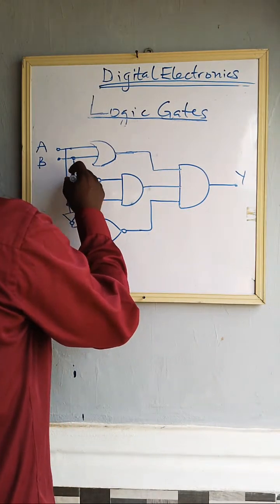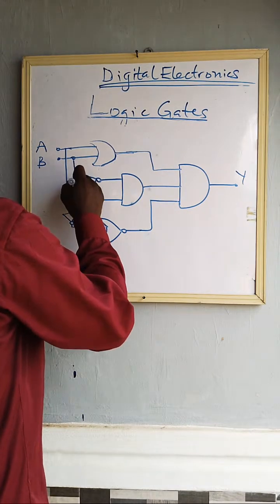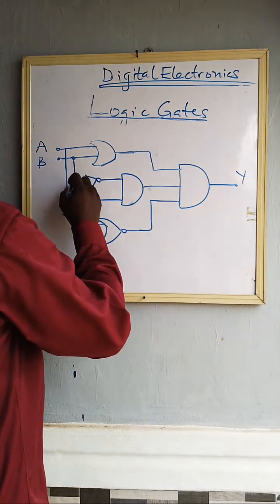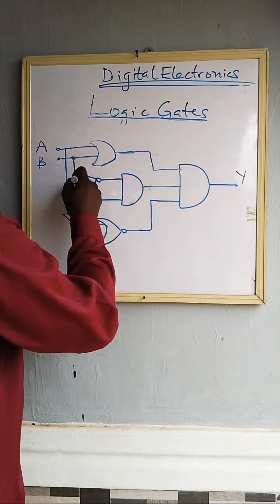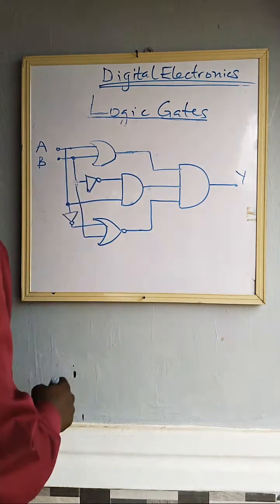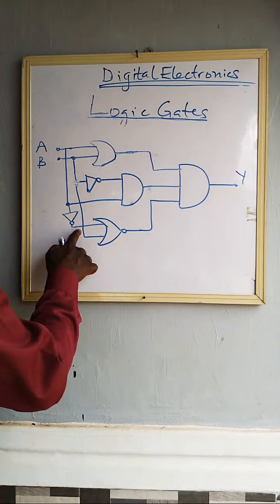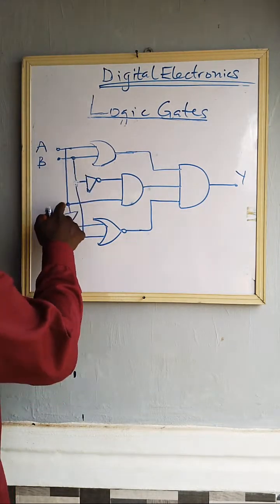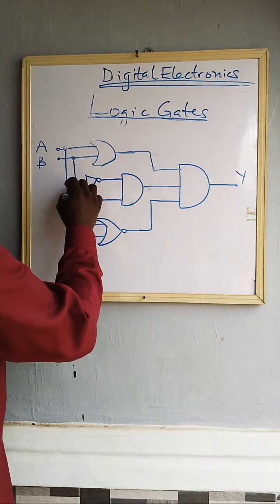Let me mention that the wiring here indicates that when we have a dot, it indicates that there's a connected terminal here where the signal is tapped through another gate. But when they cross each other like this, there is no connection. For instance, this one, there is no connection, but here there's a connection, there's a connection here, there's a connection here, and there is a connection here. Okay.